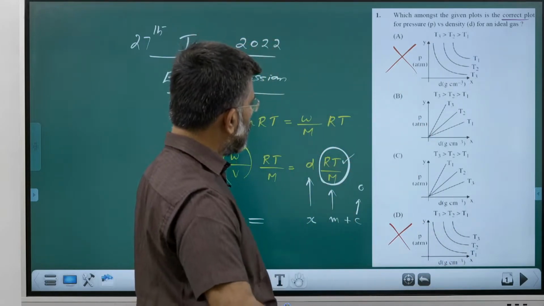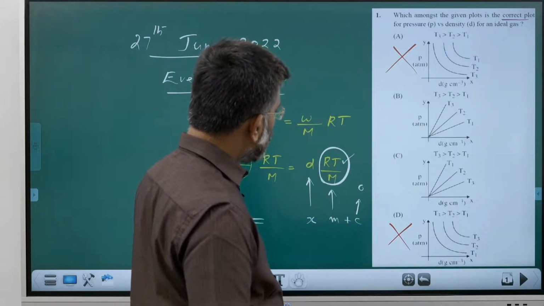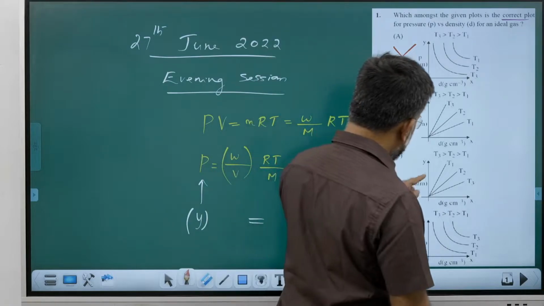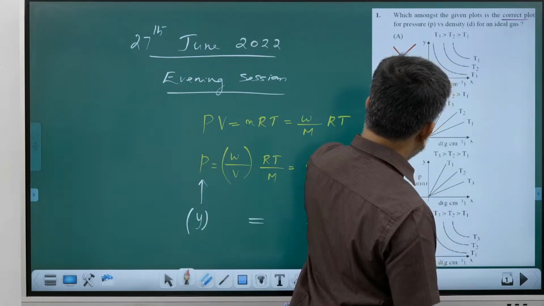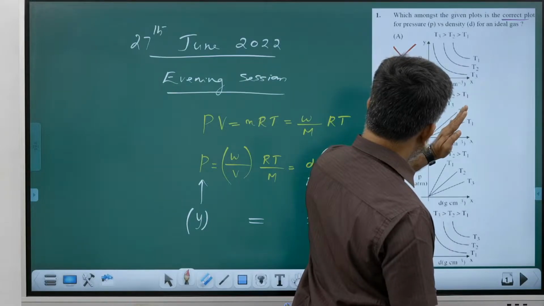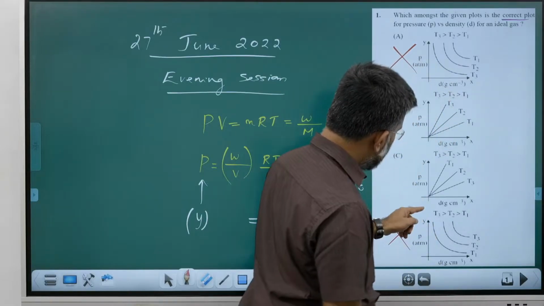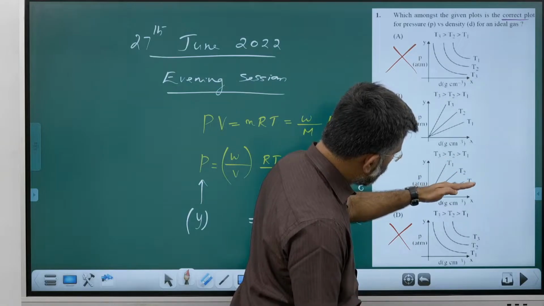So which one is the answer? You see, here T3 is maximum temperature and the slope is maximum. Here T3 is maximum, but the slope is minimum.